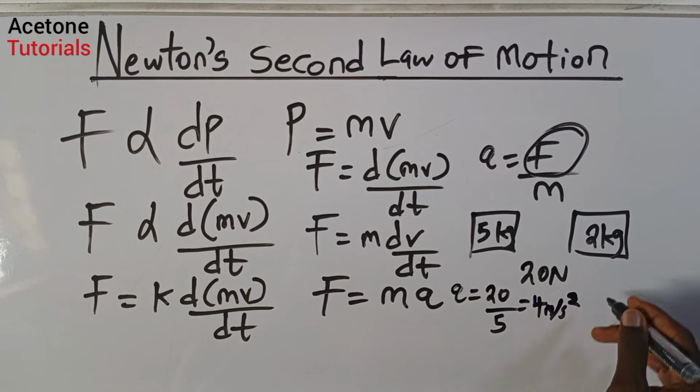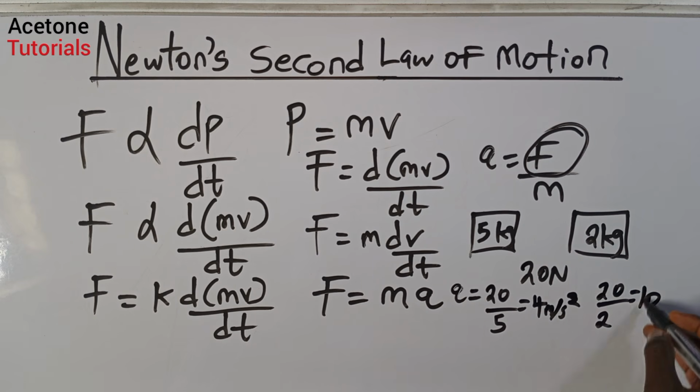The acceleration of this will be 20 over 2, which is 10 meter per second square. So as you can see, the acceleration of this is more than this. So for the same force, the lower the mass, the higher the acceleration.